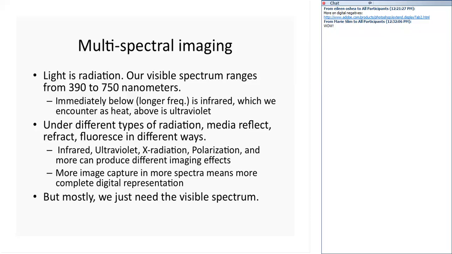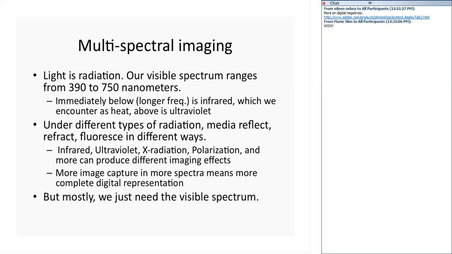So if we shine X-rays at something or infrared light at something, we get back different parts of the spectra. And those techniques are used, for instance, have you seen these studies where we'll look at, say, the underpainting of a painting or the underdrawing behind a painting. By shining different types of light and different spectra at it, we can bring forward different image elements.